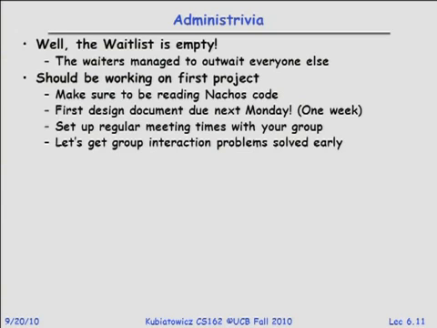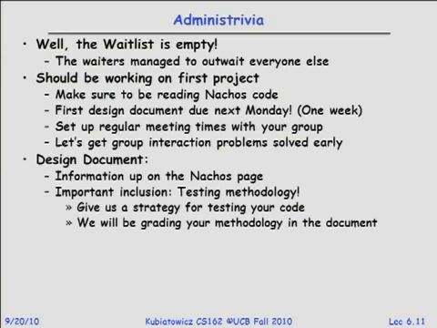Design document. So what is a design document? A design document is not a bunch of code. Okay, so if you actually give us code with semicolons and stuff in it, maybe we'll give you a 0 on your design document. Okay, that might be a little harsh, but you should think along those lines.